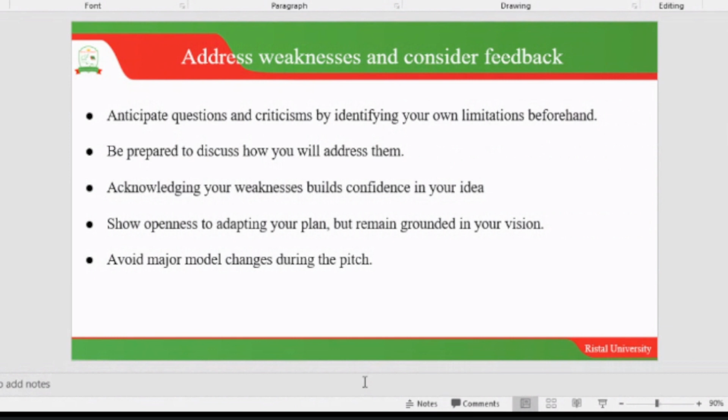So you have to be conversant with your weaknesses, but show the willingness and capacity to solve them.